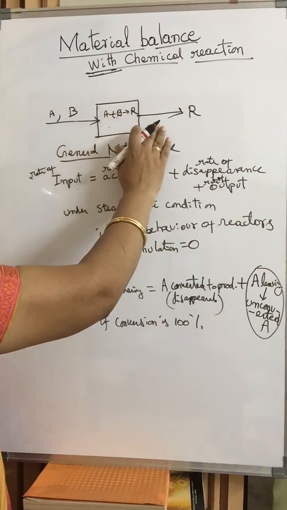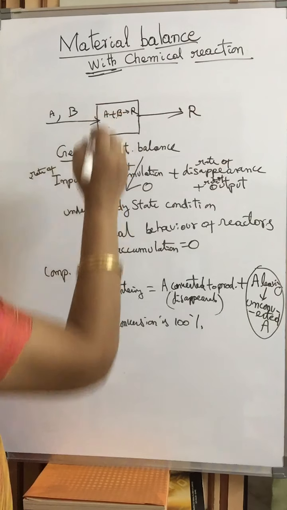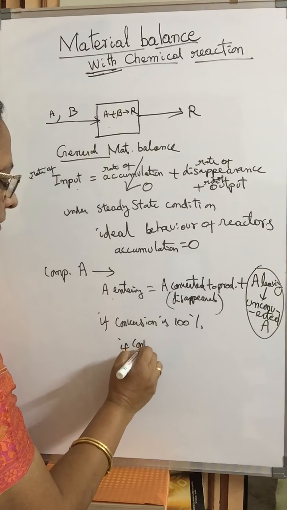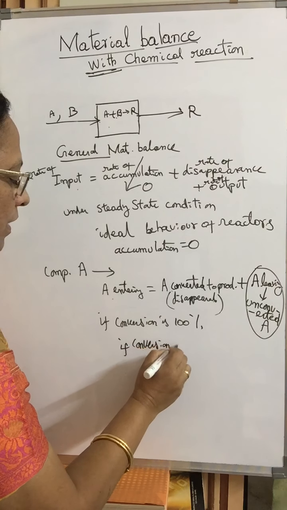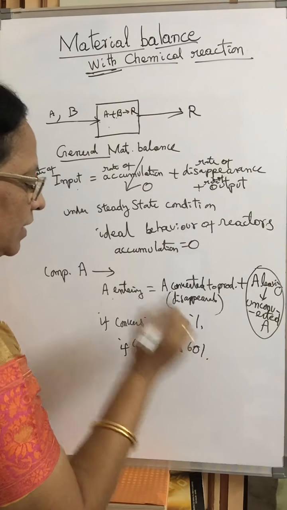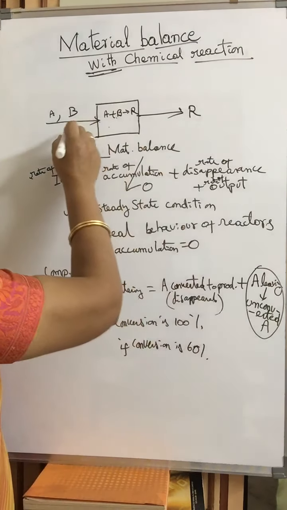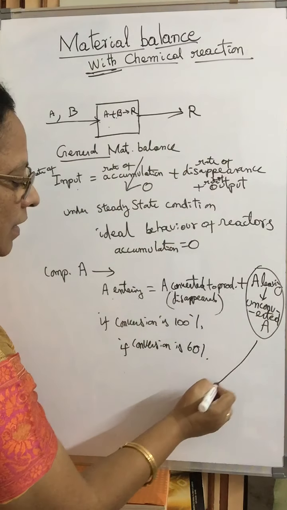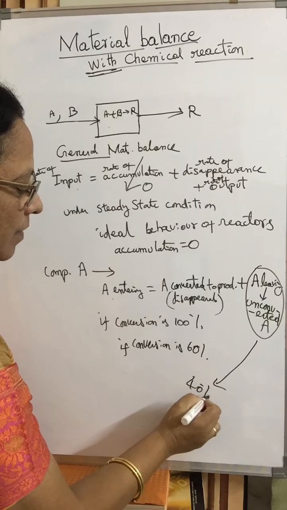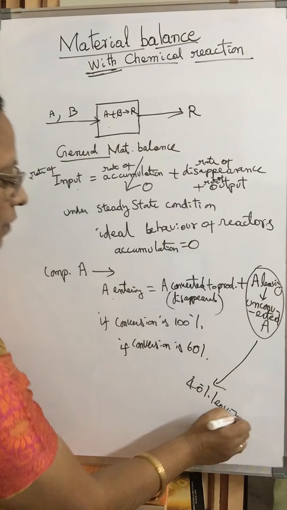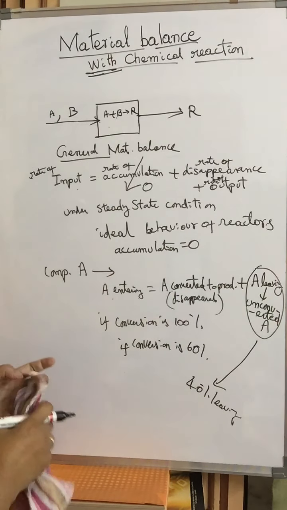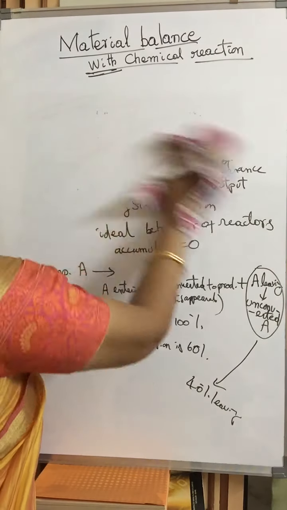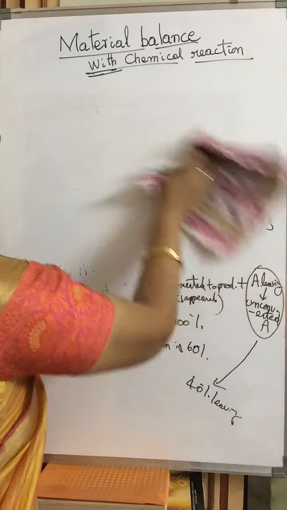If conversion is, suppose, 60%, then 60% of A will be converted and the remaining 40% will be leaving. So like this we write the material balance when there is a chemical reaction.